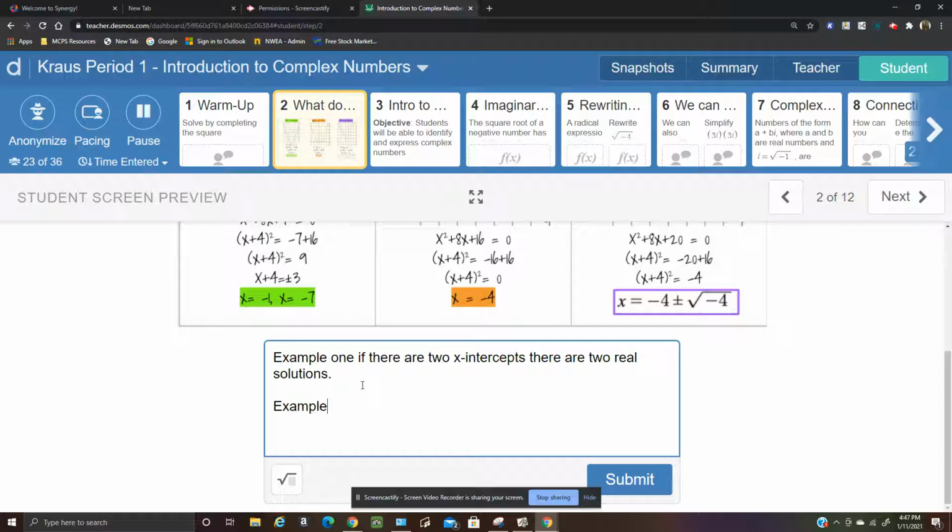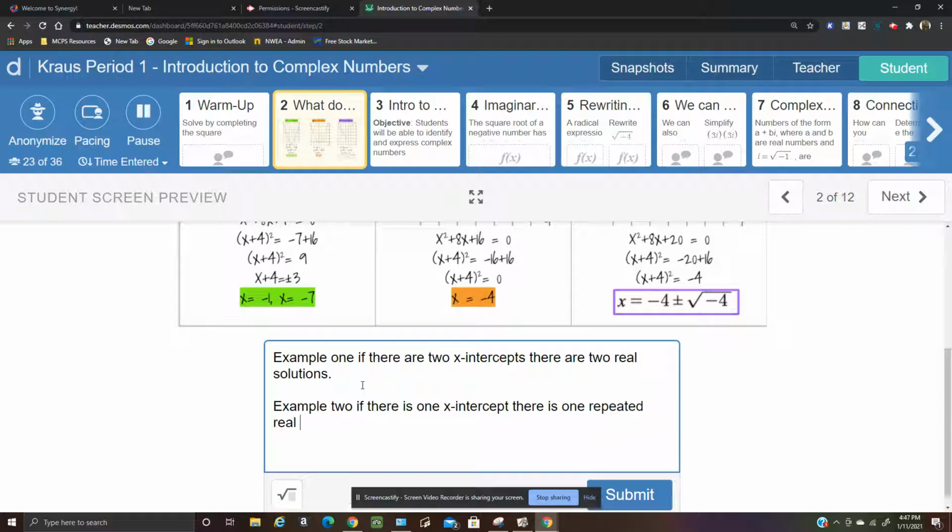Example 2, there is one x-intercept, one real, say one repeated real solution.